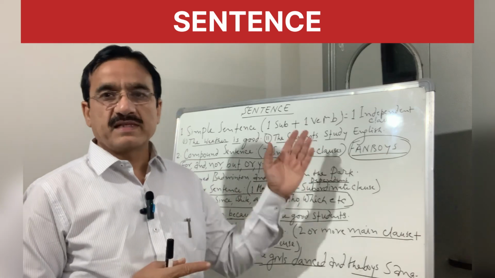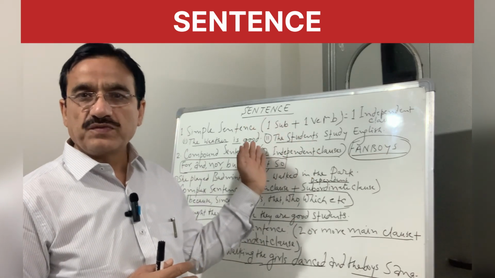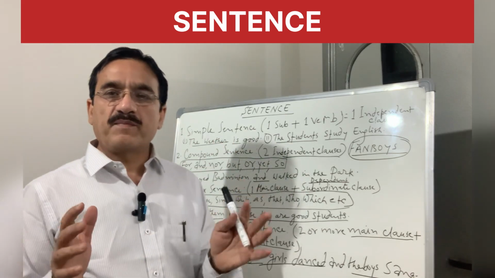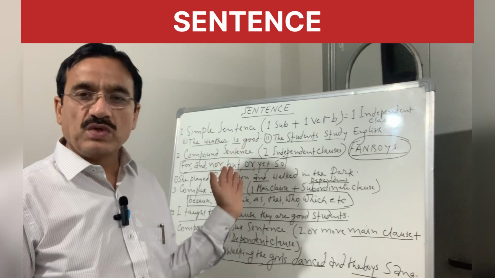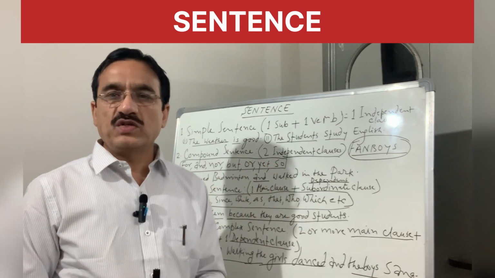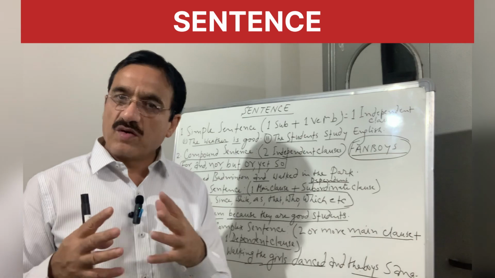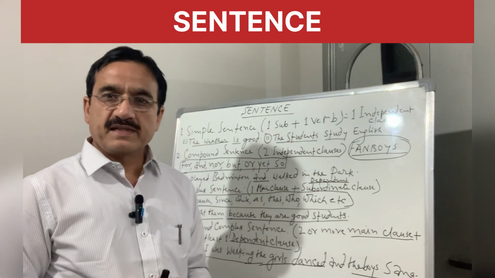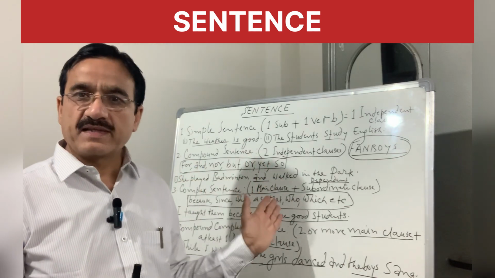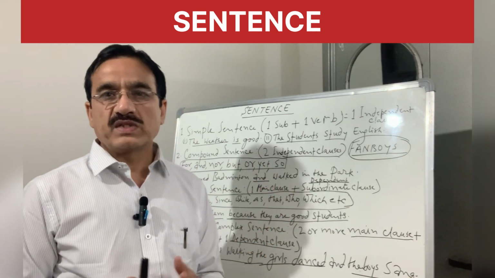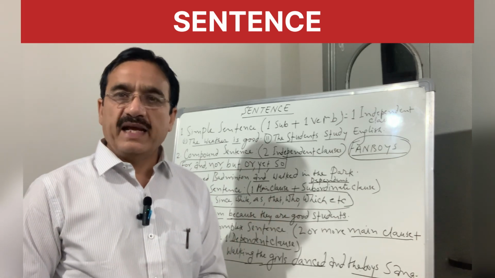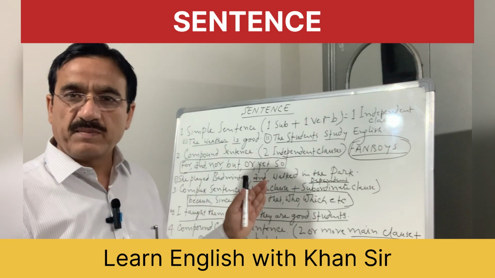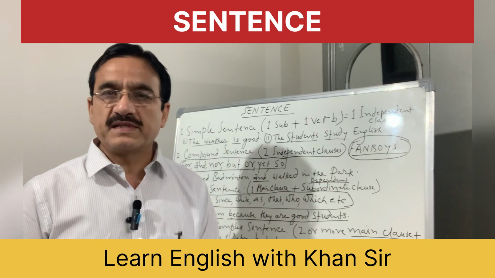As per clause structure, sentence is divided into four: simple sentence, compound sentence, complex sentence, and compound complex sentence, and how to construct them, how coordinators are used for a compound sentence, subordinators are used for complex sentence, and then how a compound complex sentence has minimum two main clauses, also called independent clauses, and at least one subordinate clause. I think you have learnt it. I tried my best to simplify it for your convenience. Today this much.